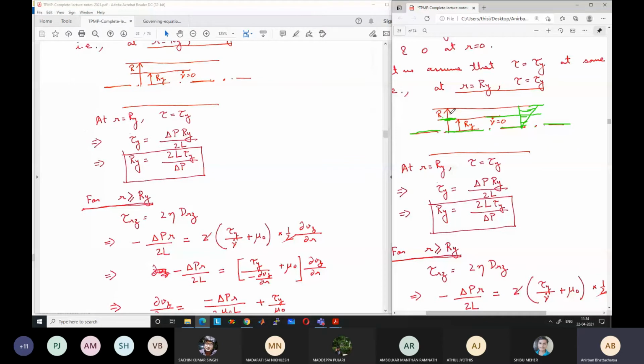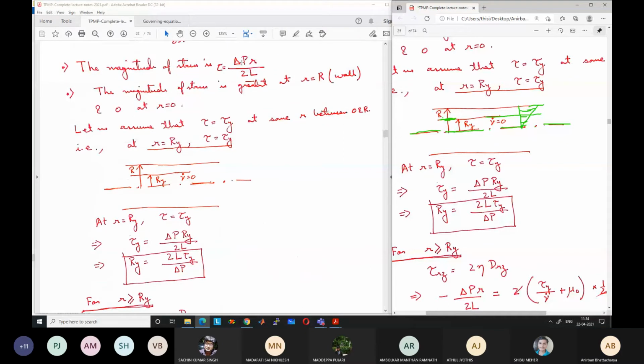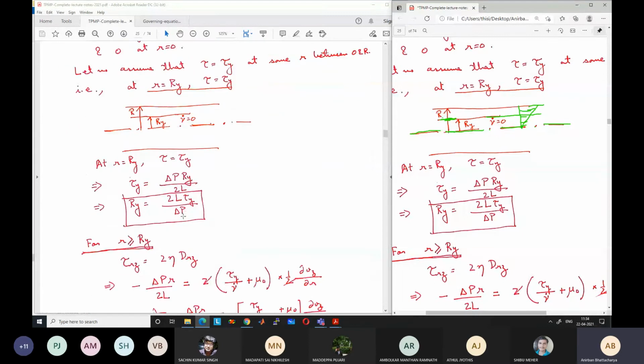So tau y is equal to delta p Ry by 2l, by replacing tau equal to tau y here and r is equal to capital Ry here. We get tau y is equal to delta p Ry by 2l, or Ry is equal to 2l tau y by delta p. So this is the critical radius below which there is no deformation rate, above which there is deformation rate.